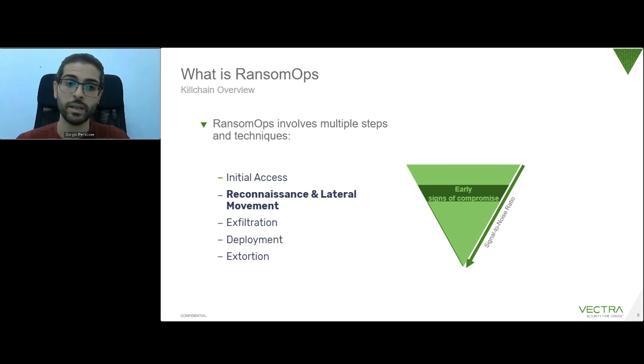So this was the overall definition, and as I mentioned just earlier, these most modern attacks involve different phases, and again it's not all about the encryption. Actually, the encryption itself, you can see as the deployment phase that is close to the last phase.